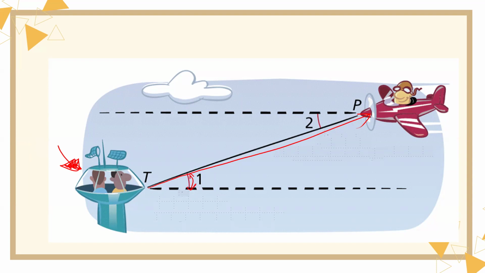I'll give you time. Think about it. Remember, this is your horizontal line. This is your line of sight. And this is your angle of, very good. This is your angle of elevation.